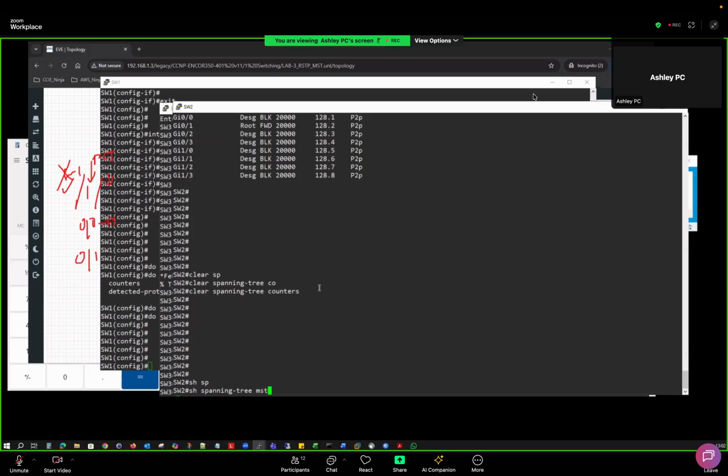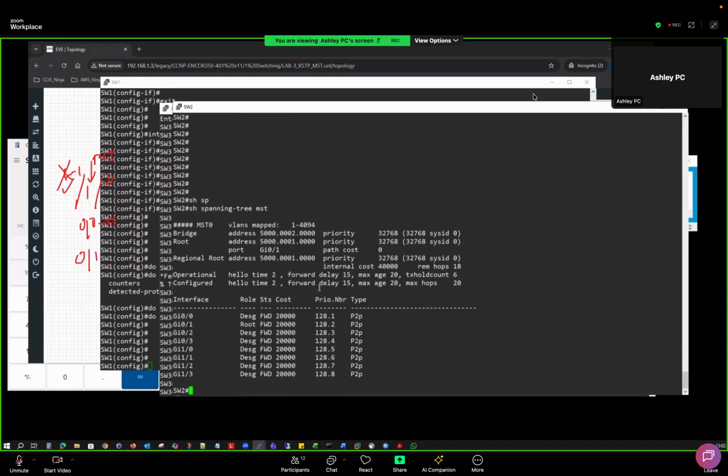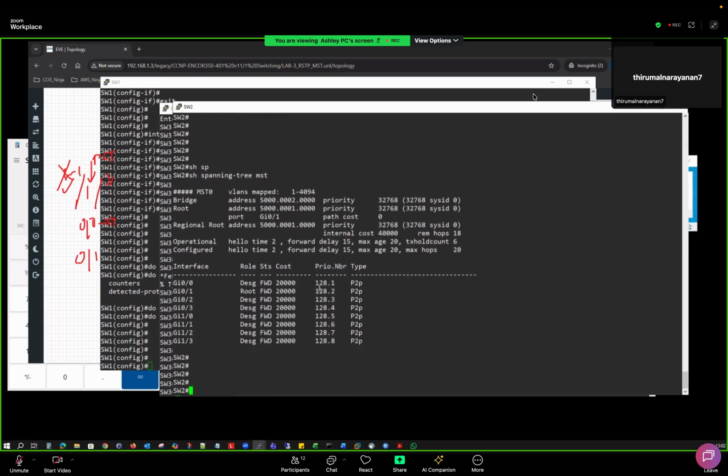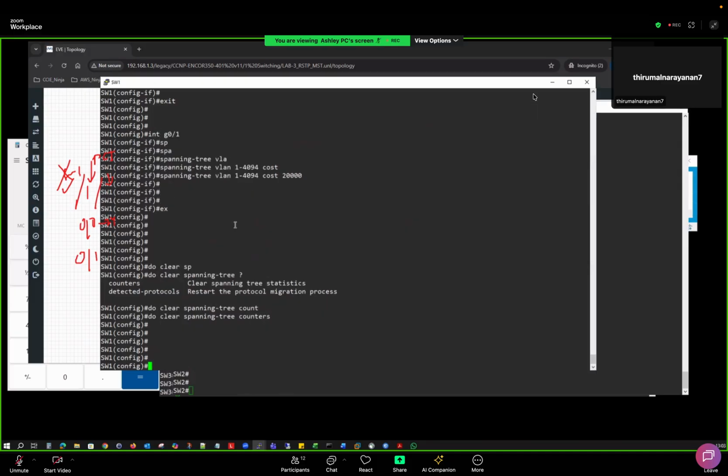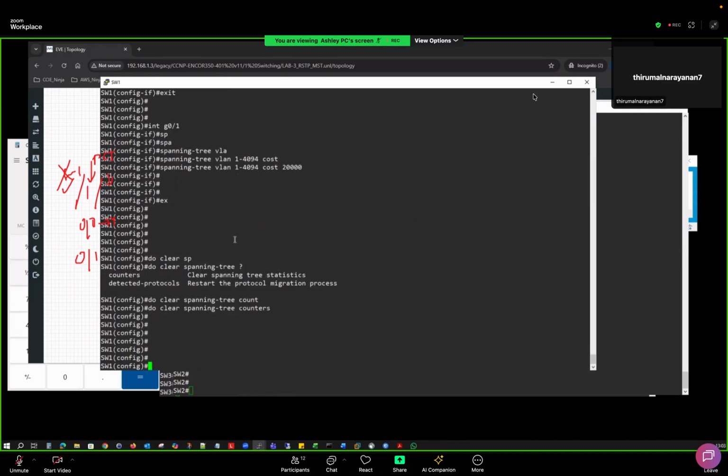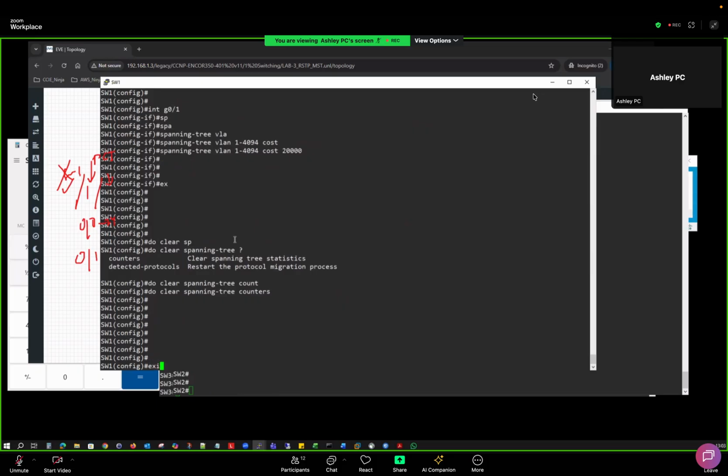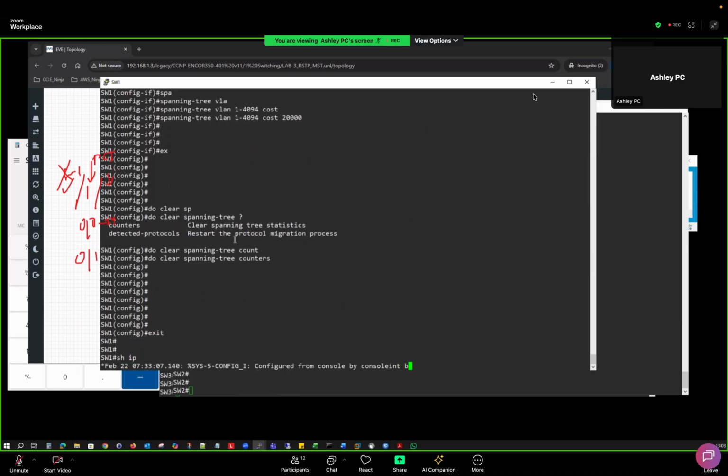So spanning tree MST. What is going to show over there, guys? What is the cost? 20. The cost is fine. What is the root port? Gig 0/1. Right? Gig 0/1. Is any port blocked over there? We can see that. So IP interface brief.